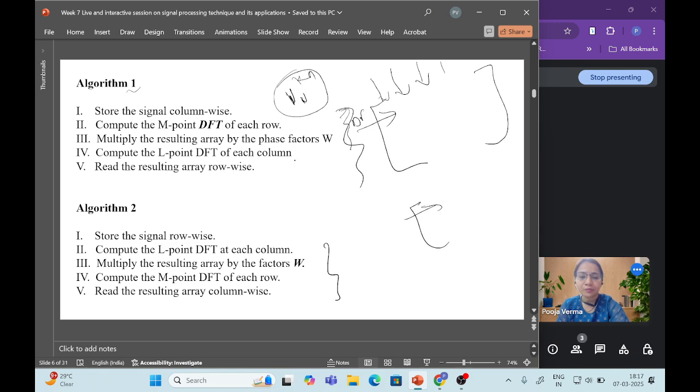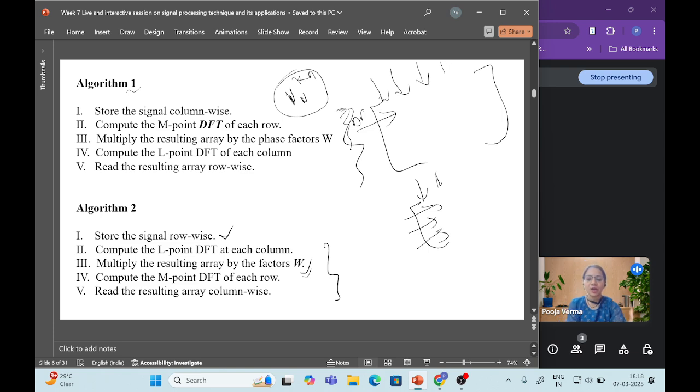And similarly for the second algorithm, here we were storing the signal column wise, but there we will store the signal row wise. Then, just the opposite of that, compute the L point DFT of each column, then multiply by a phase factor, then compute the M point DFT of each row, and then read the resulting array column wise.